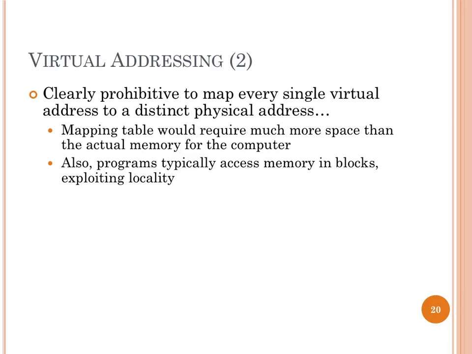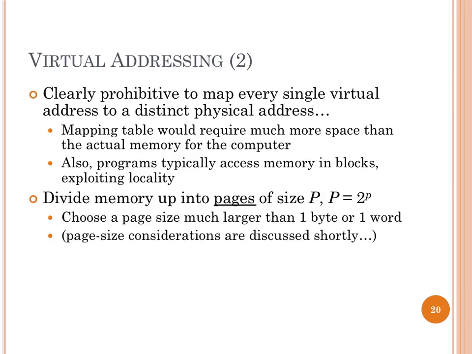Well, maybe we should do this address mapping on some kind of block level. And so memory is divided into pages of some size that is a power of 2. So you can go ahead and start internalizing in your brains right now 4 kilobytes, or kibibytes if you will, but 4096 bytes is the size of a page on the x86 processor family architecture. Okay, so you choose a page size much larger than 1 byte or 1 word.